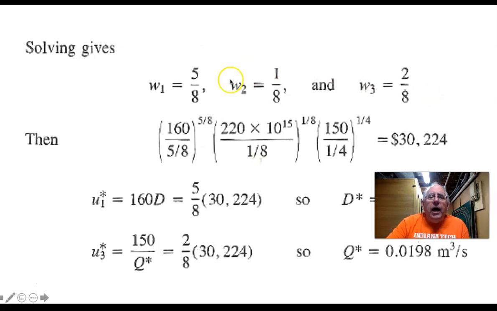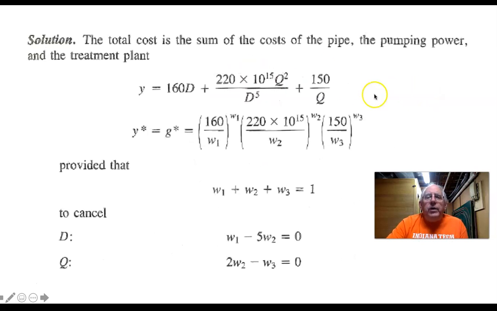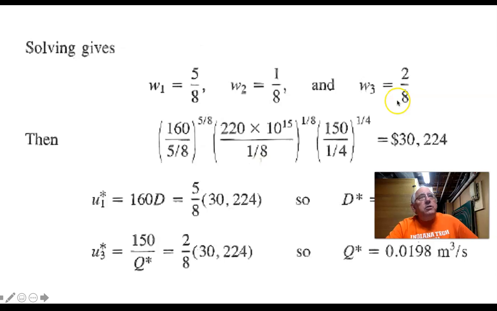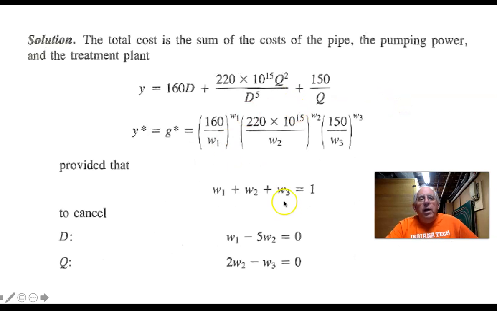And so because these add up to 1, we could go back and say that at the optimum condition, this term right here is going to be 5/8 of the solution. The next term is going to be 1/8 of the solution, and the final term is 2/8 of the solution. And so we see that relationship.